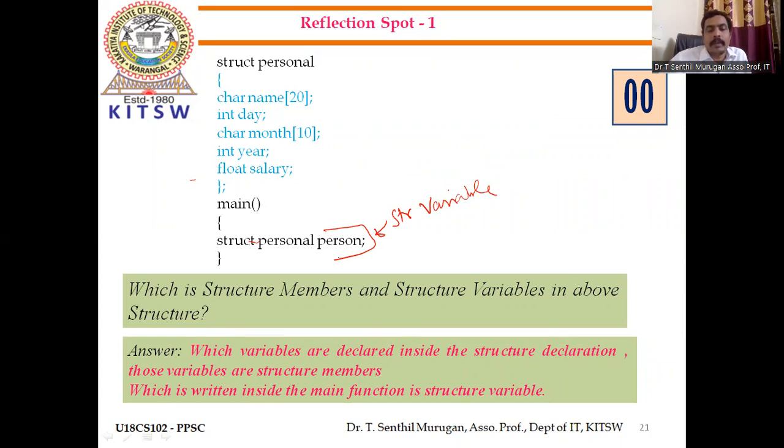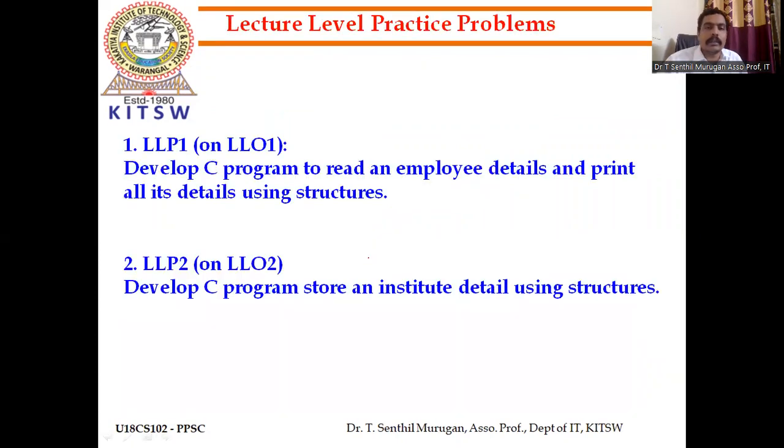But you can create this variable anywhere, in any other structure also. So don't think that it must be written in the main function. In this example it is written in the main function. So these are the structure elements or structure members, and this is the structure variable. If you have identified them properly, you can practice these problems.